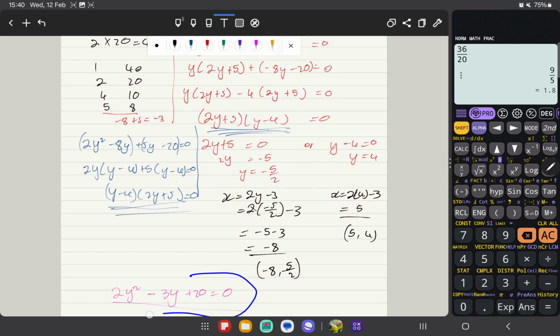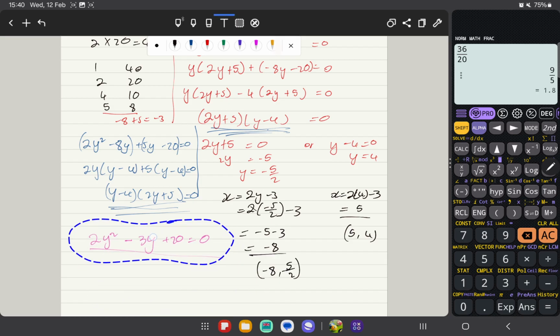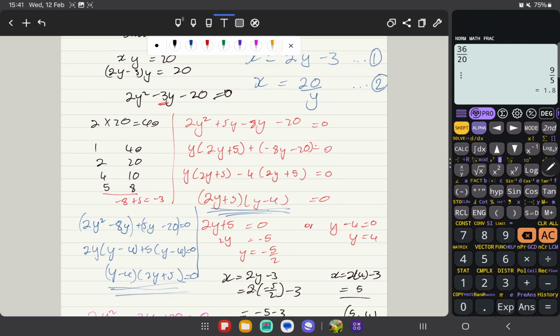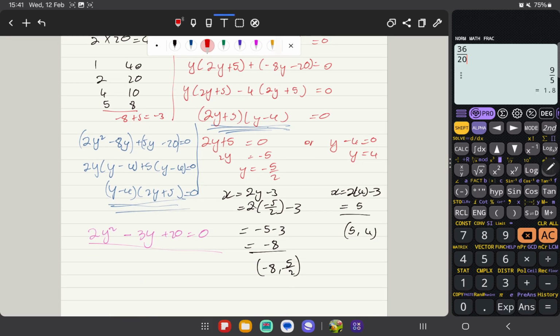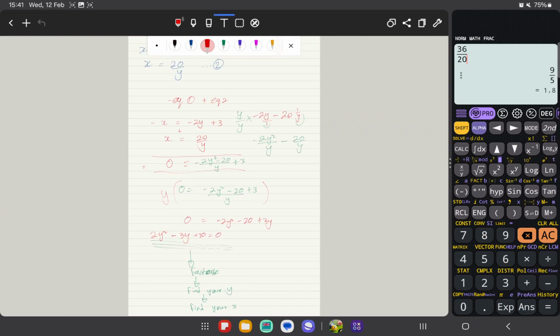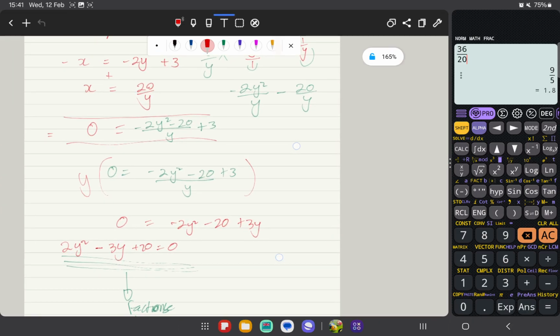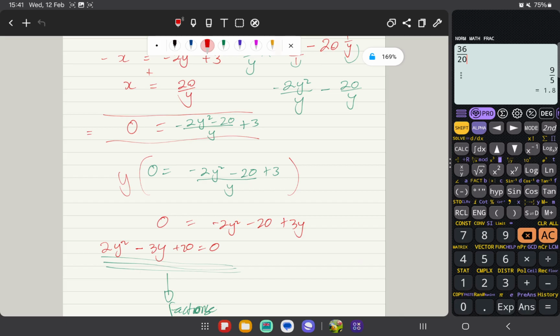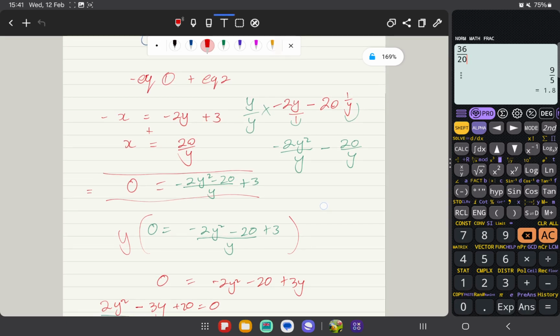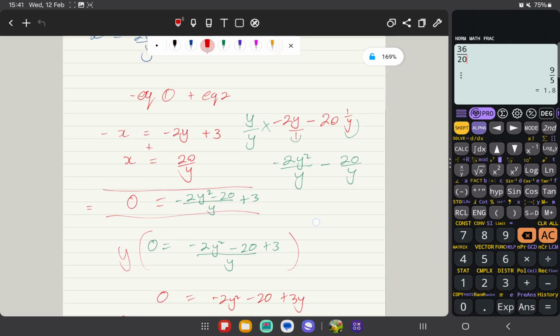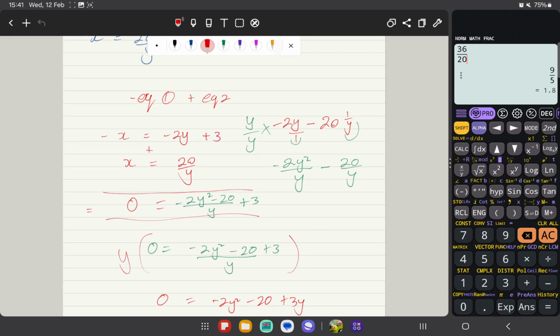I think I have to push it a bit up. Look at this equation right here. I have a minus 20 there and I have a plus 20 here. It looks like I messed up something here. Let me come and see. I actually did mess it up.